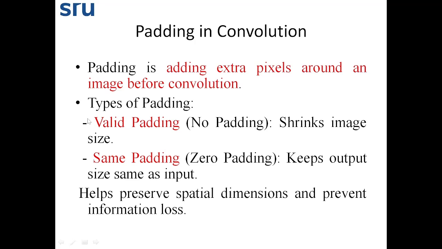First one, valid padding. It means no padding, shrinks image size. Same padding, here zero padding, keeps output size same as input. Helps preserve spatial dimensions and prevent information loss.